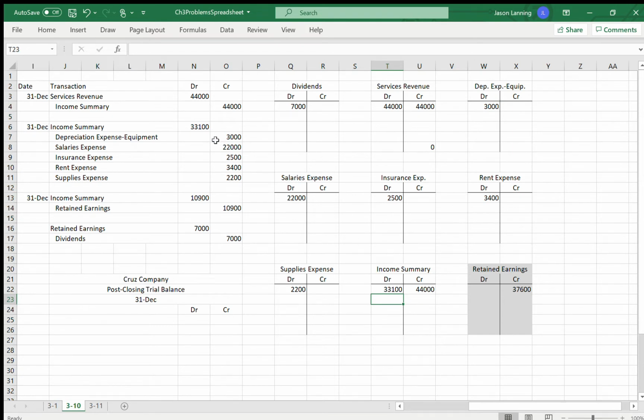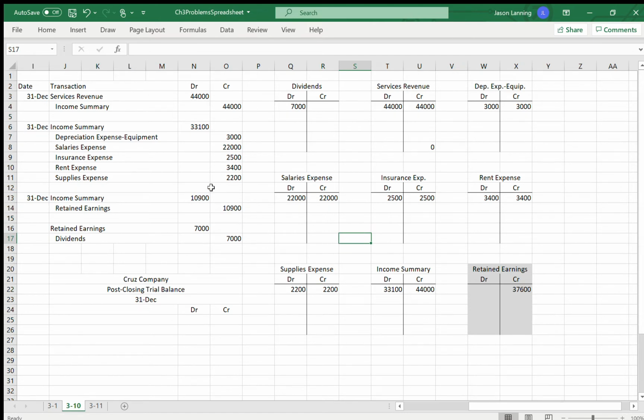Depreciation expense for equipment, credit for 3,000. Salaries expense, credit for 22,000. Insurance expense, we're going to credit for 2,500. Rent expense for 34. Supplies expense for 22. Let's see, what else do we have?